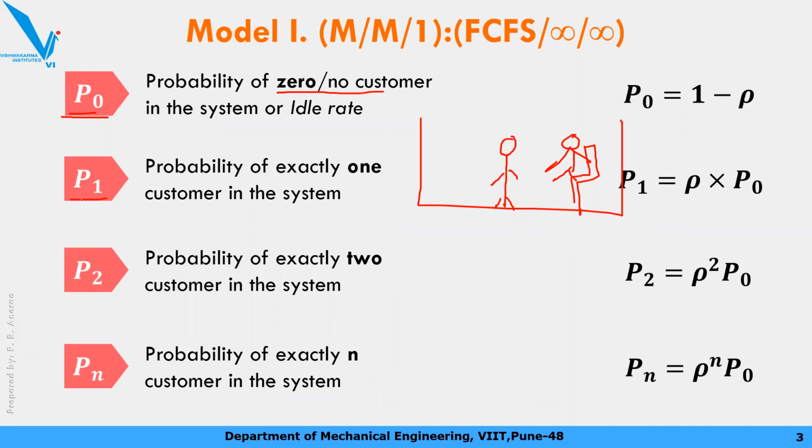Now when only one customer is in the system, please let me know how many customers are present in the queue. In the chat window, please write your answer. What do you think?